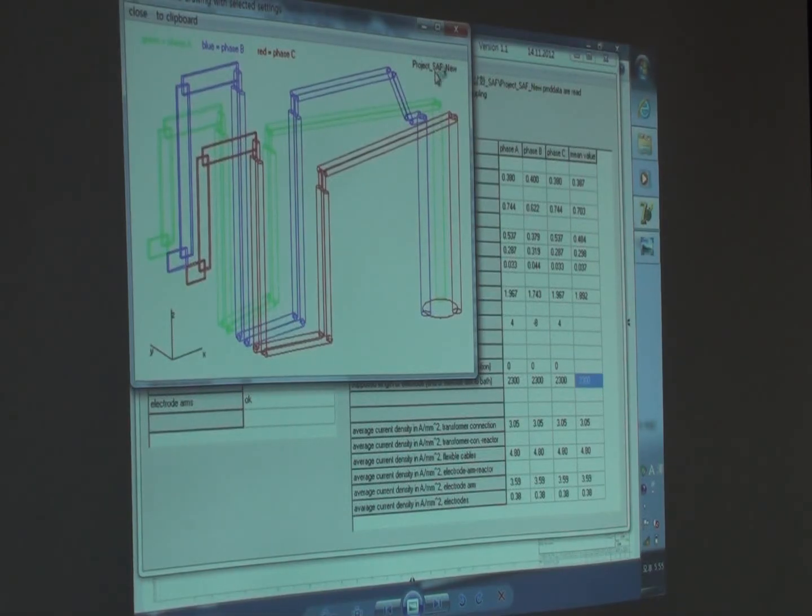And you can also make silicium by this. Silicium is very expensive.